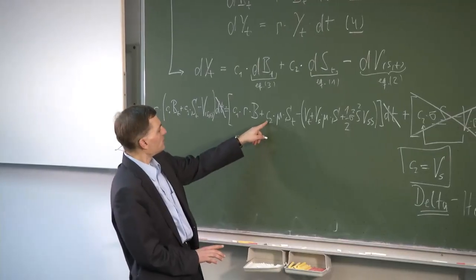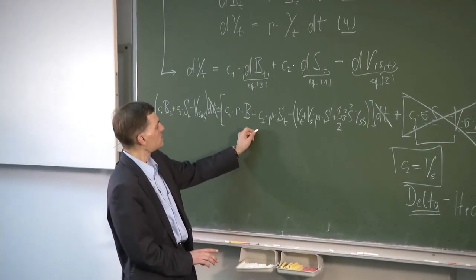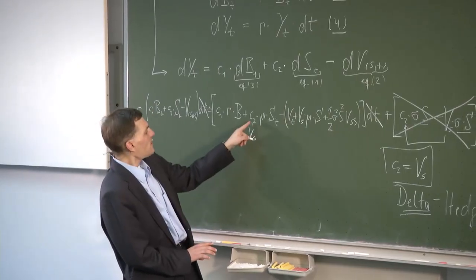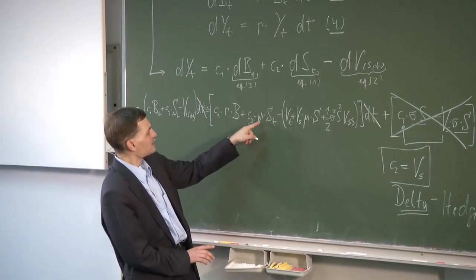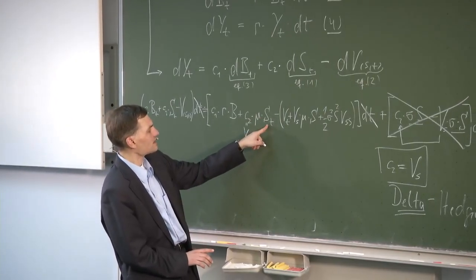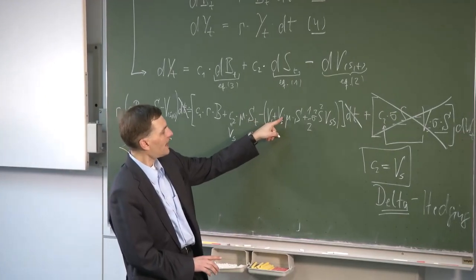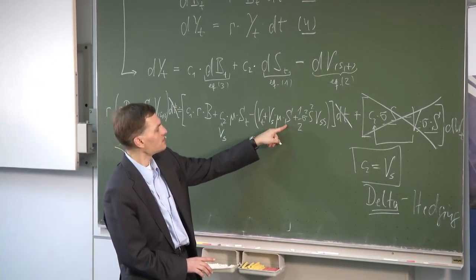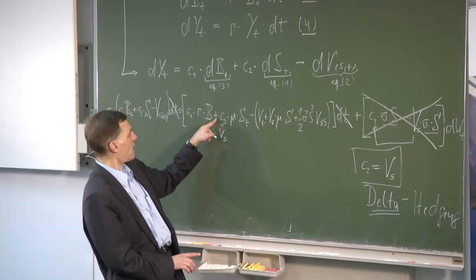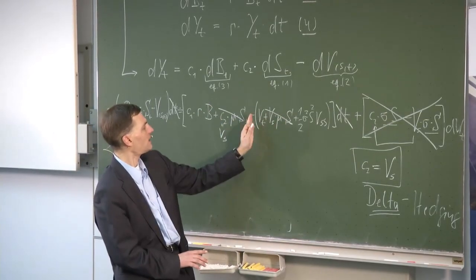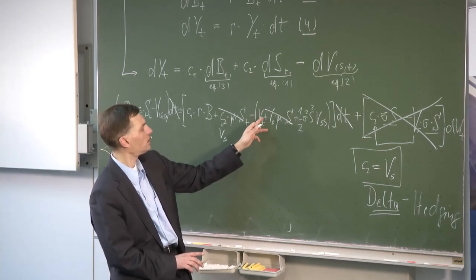Now, if we substitute in for C2 Vs, then we have here Vs times mu times S minus Vs times mu times S. So in other words, here we have a plus component, and here we have the same term with a minus sign. The minus is here in brackets, so it moves in here, here, and here.